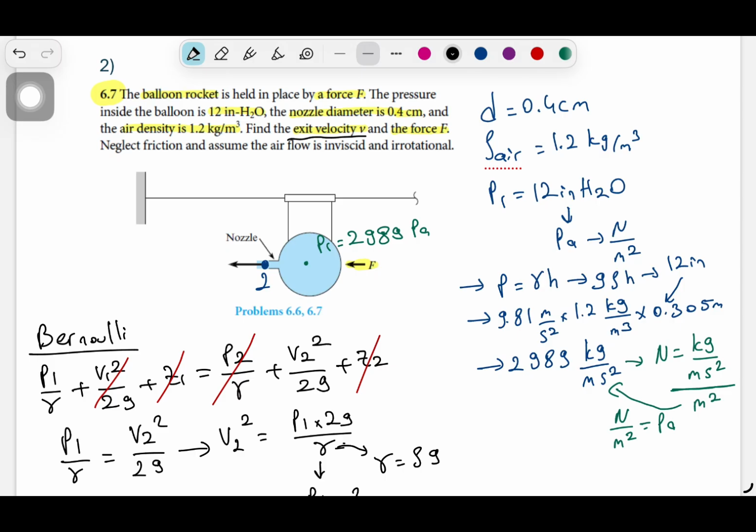And the second one will be finding the force, which is applied in this direction. Since we are applying the force from right to left to hold this balloon in place, we can say this direction is positive x.